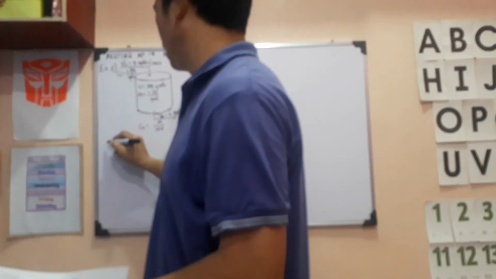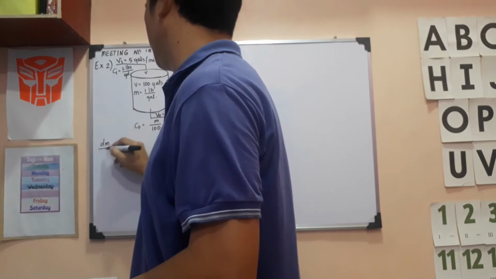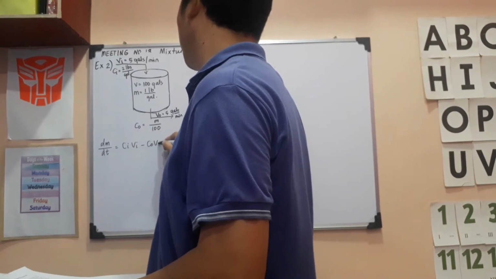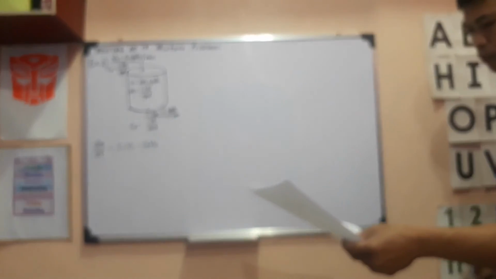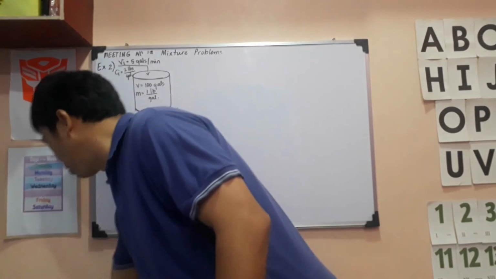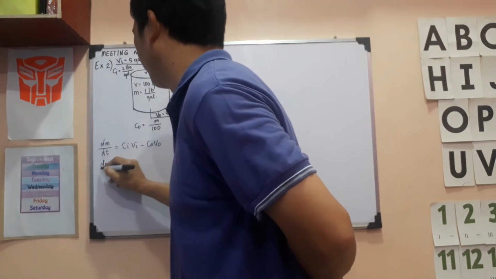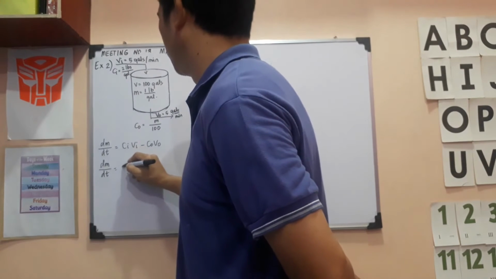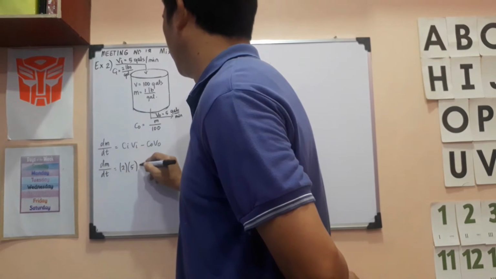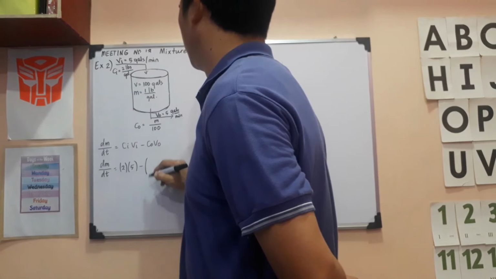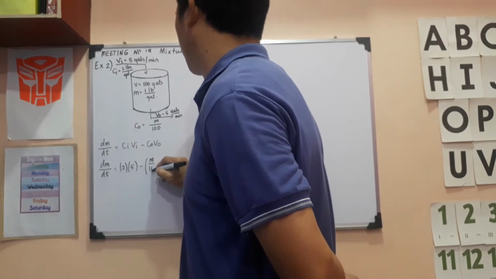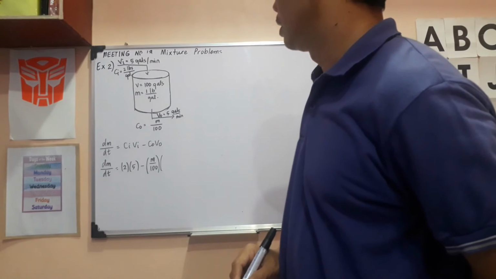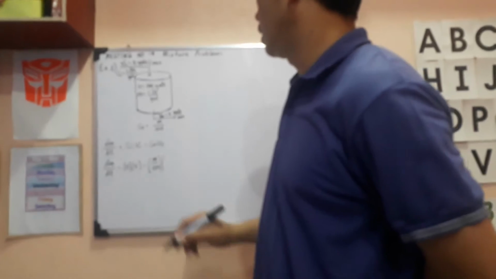So, from our working equation that the dm all over dt is equal to C sub I, V sub I minus C sub O, V sub O. Yan ang ating form. Okay? So, dm all over dt is equal to C sub I is 2, V sub I, 5, minus C sub O, M over 100, V sub O, ilan? 5. Okay?